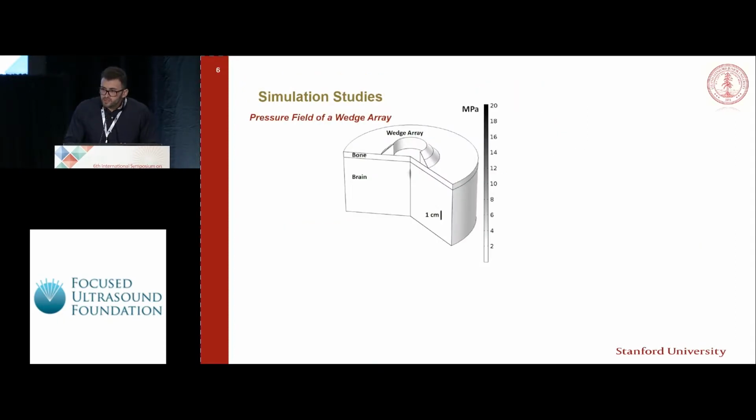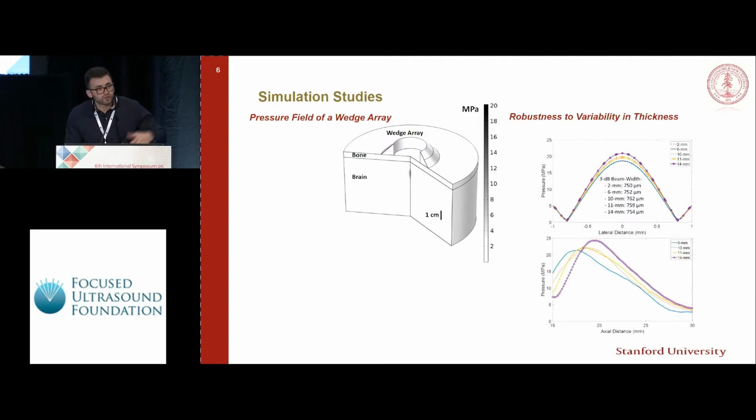We validated this concept using numerical simulation, of course, as the first step. This plot shows the focusing performance of this ideal wedge transducer, which we focused through a 6 mm bone at 1 megahertz. We also looked at the robustness to variability in the thickness and non-uniformity of the thickness, which is quite an issue in transcranial ultrasound.